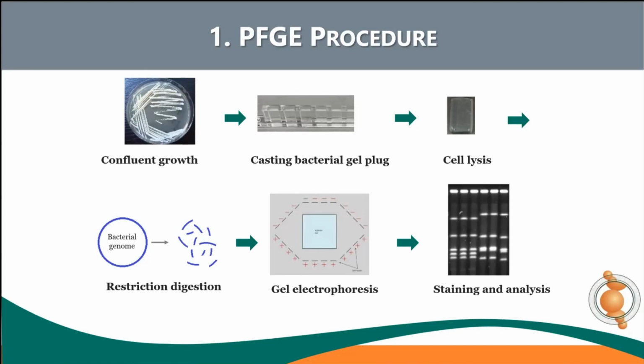Next, restriction enzymes are used to digest the genomic DNA and cut the intact genomic DNA into DNA fragments. Strains with different genomic DNA will display different DNA patterns after these digestions. So next step, gel electrophoresis is run to separate DNA fragments on a large agarose gel.